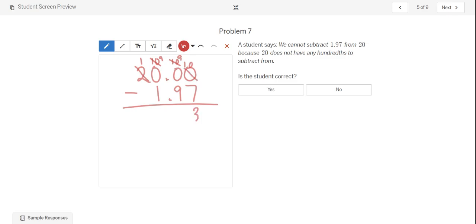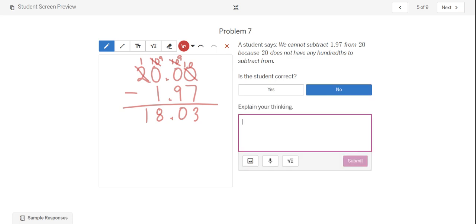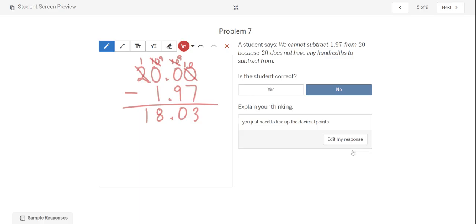And so I get 3, 0, 8, I'd have $18.03 as change. We cannot? No, they're not. I totally just subtracted it. You just need to line up the decimal points. Heck, even if we end up going negative, we'll learn integers later on, and if you haven't already, you can go negative if needed.